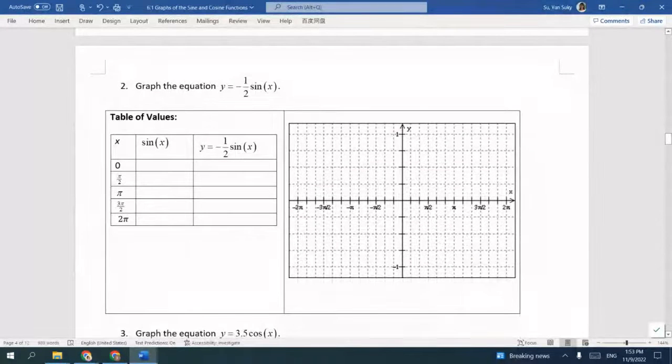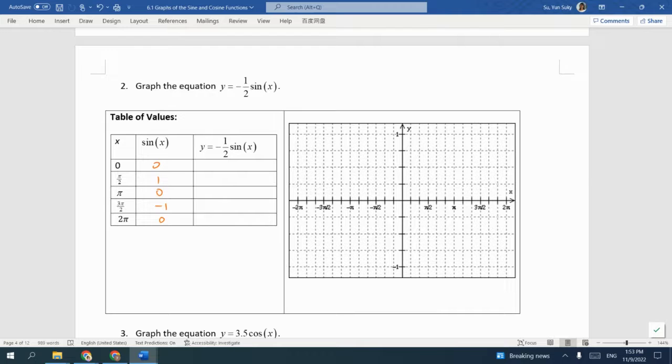How about this one? Similarly, look at those 5 key points. What's the sine x value? You start with 0, and then 1, then 0, and then -1, and then 0. What do you do?